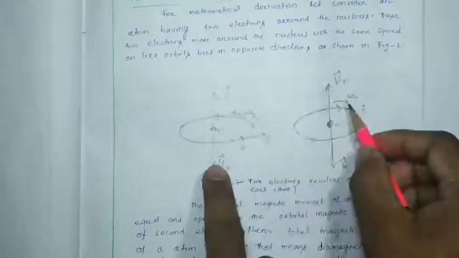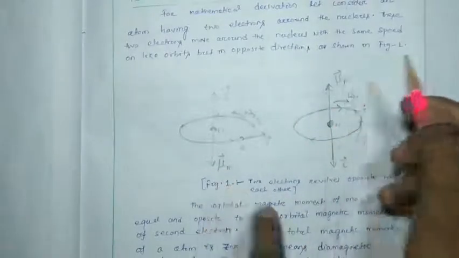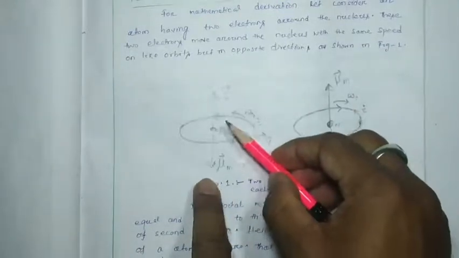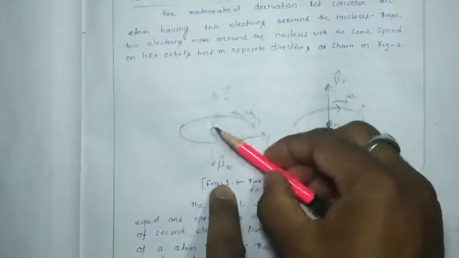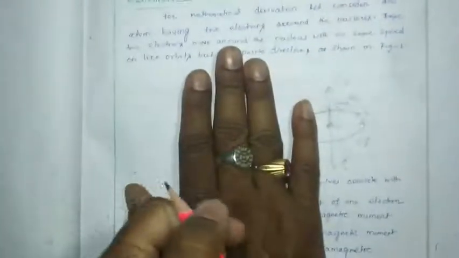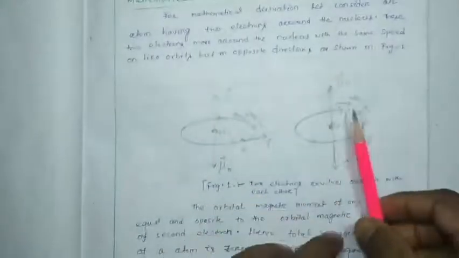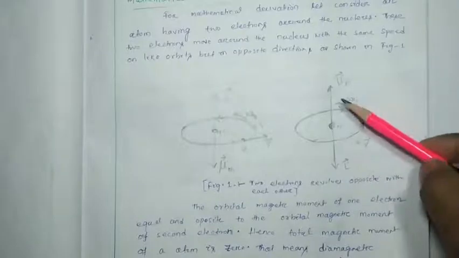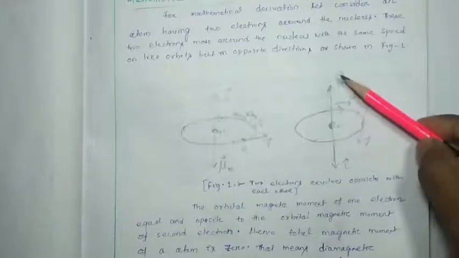Obviously its angular velocity will also be the same, and the angular momentum for this electron will be this side, and the magnetic moment will be this side, and for this electron the angular momentum direction will be this side and the magnetic moment direction will be this side.